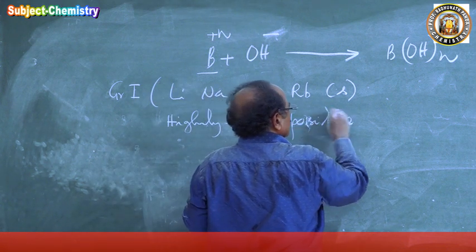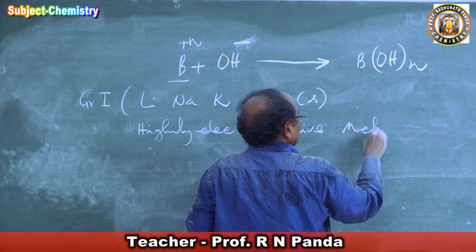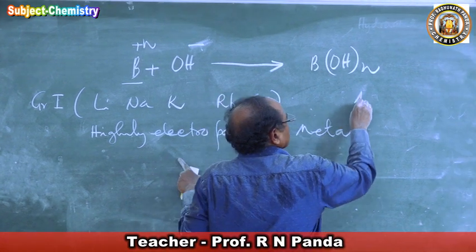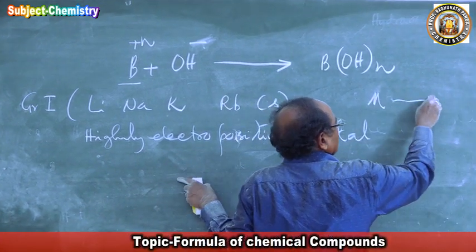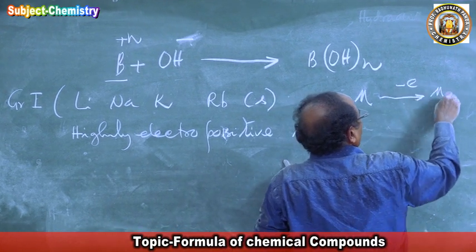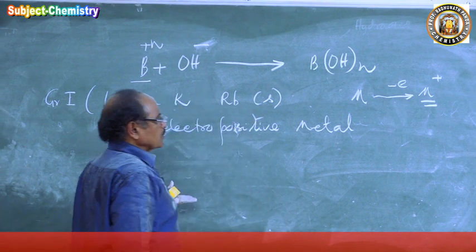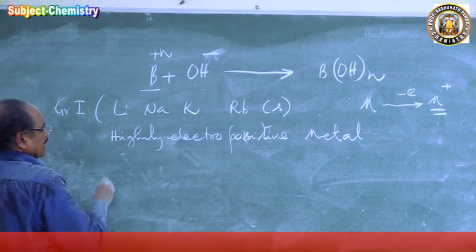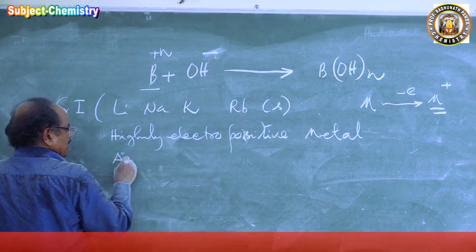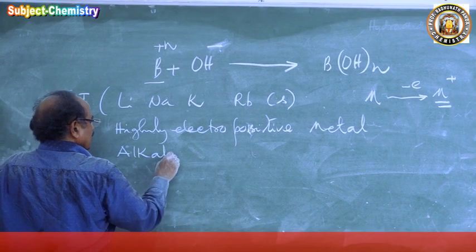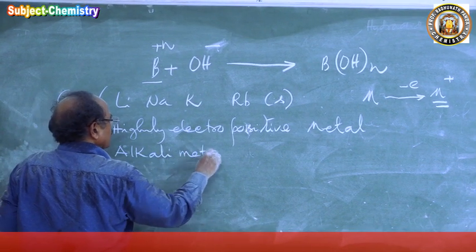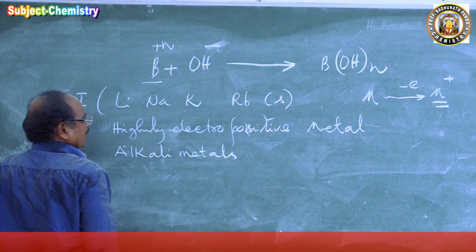They have one electron in their outermost shell. They can lose one electron and form the M plus ion. They are also called alkali metals.